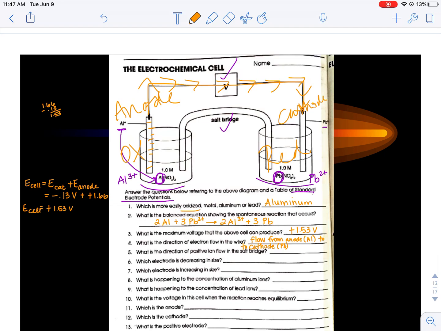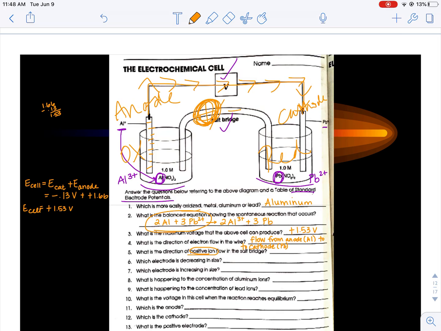The next question, number 5, asks, what's the direction of the positive ion flow in the salt bridge? Right, so in the salt bridge, we have different chemicals that have cations and anions in them. And we are asked about the positive ion flow, that would be the cation. The cations in the salt bridge, you can either memorize it or you can logically figure it out. The cations need to replace the cations that are being lost from the solution.